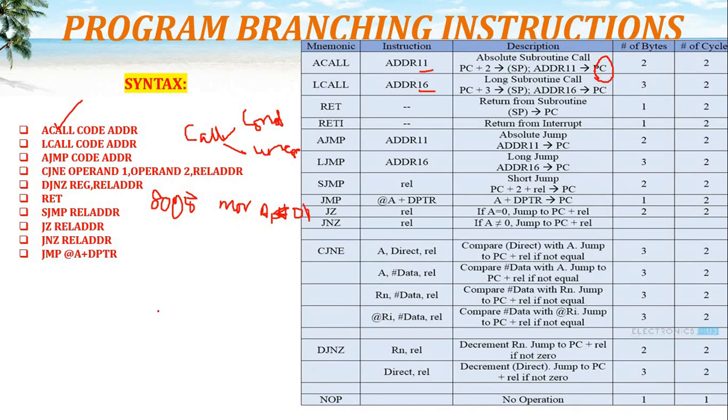Inside we have some instructions. Next I'm going to write LCALL 8030. What does this indicate?